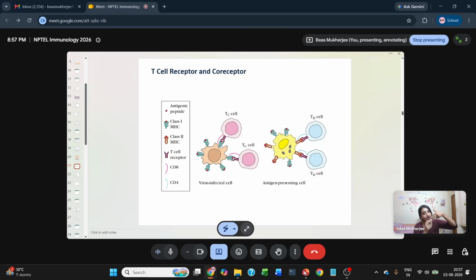This is helping to identify this MHC class 1 molecule, and it is helping to interact with this antigen. Okay. Then we have the Th cell. Th cell recognizes the antigens that are presented by MHC class 2, and once again your CD4 co-receptor is helping in this identification and interaction.